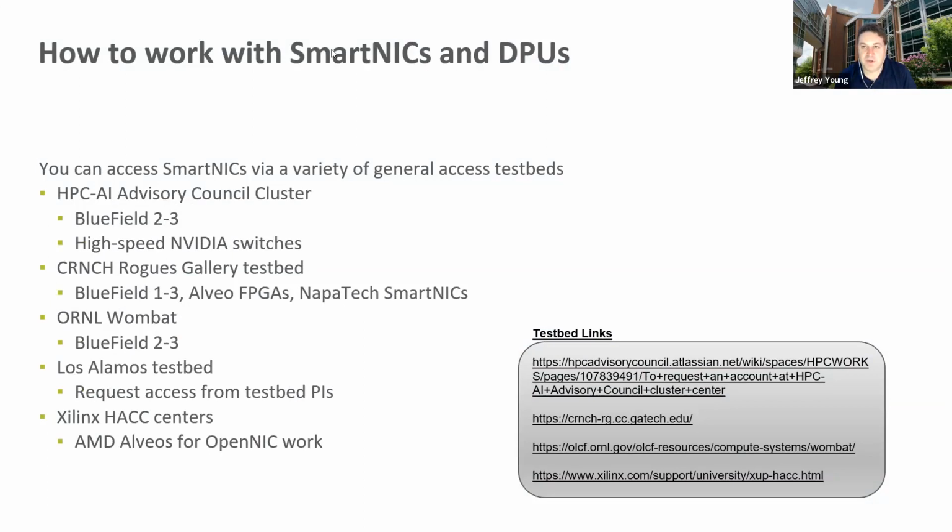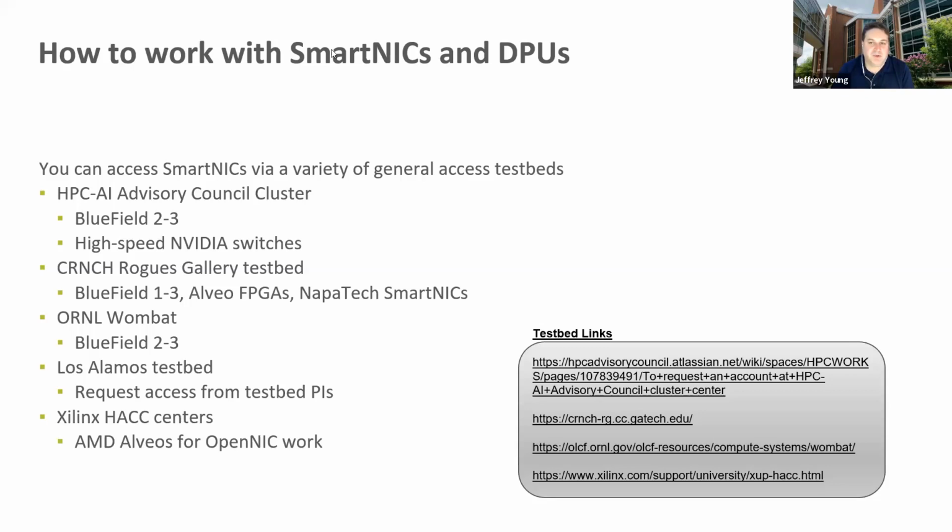All right, so we're getting close to the end here, but one of the key things we want you to notice is that you can access SmartNICs via an increasing number of testbeds. I should call out that all the folks doing this tutorial have benefited from the HPC-AI Advisory Council cluster, that has high speed NVIDIA, formerly Mellanox, switches, things like BlueField 2 and 3.